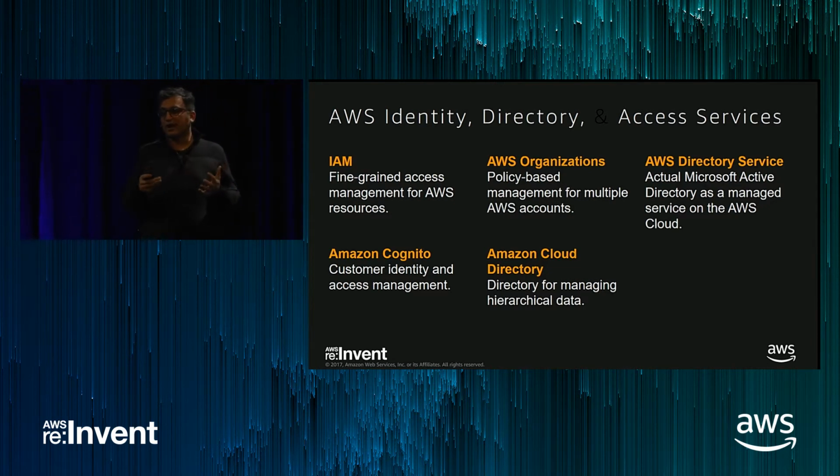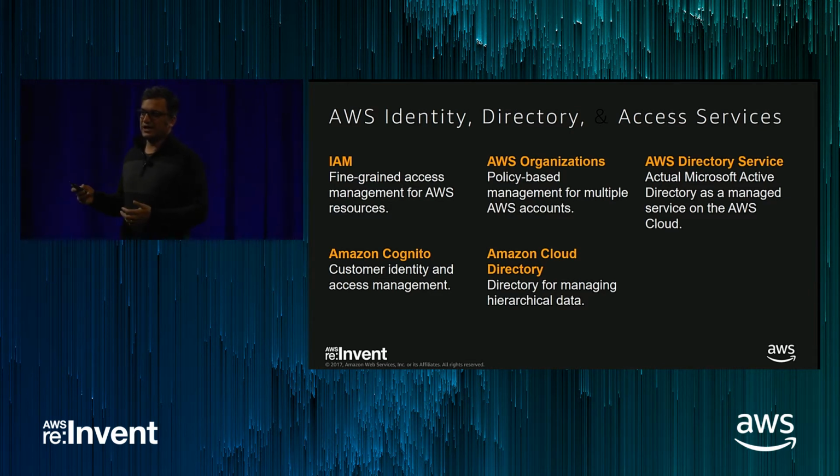So if you're writing IAM policies and trying to figure out how to write JSON, well, you don't have to anymore. You can use our point-and-click editor, which makes it super easy to create an IAM policy just for your use cases. I see some nodding heads, so it looks like some of you have played with it.